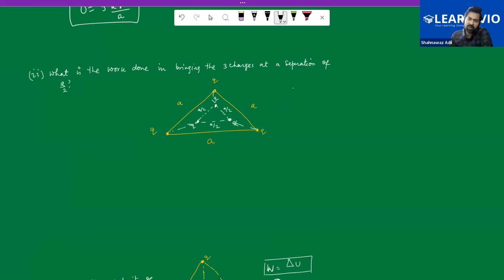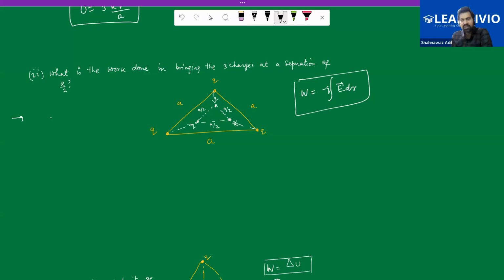To calculate this using the potential, this would be very lengthy, and we don't know what is the electric field. But we can use the idea of potential energy. So how can we use that?